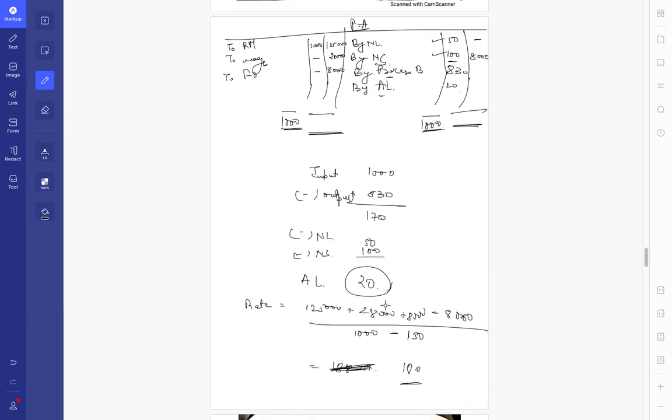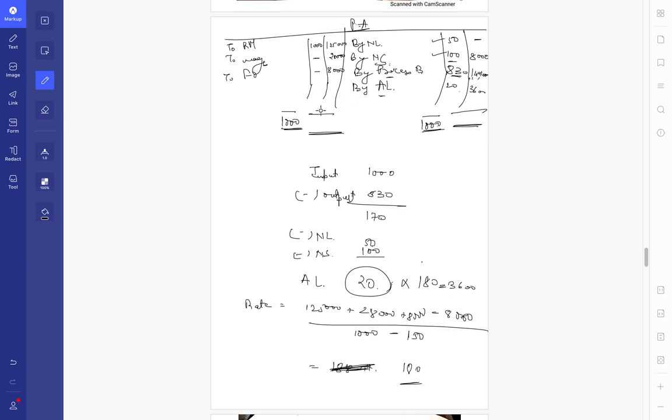So now 180 per unit into abnormal loss of 20, and 180 per unit into 830. So over here we get 149,400 and over here we get 3,600.